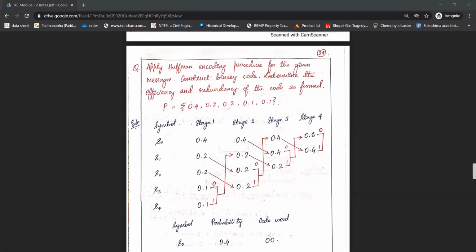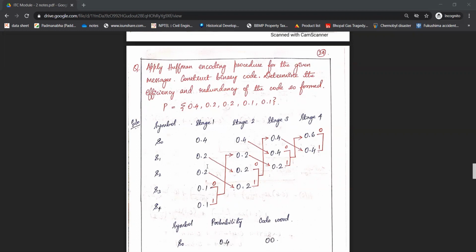The first value will be assigned 0. The second least value will be assigned 1. Next, we will combine these two symbols to get a new symbol. After adding these two values, 0.1 and 0.1, we'll get 0.2.